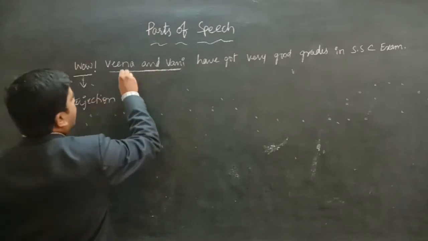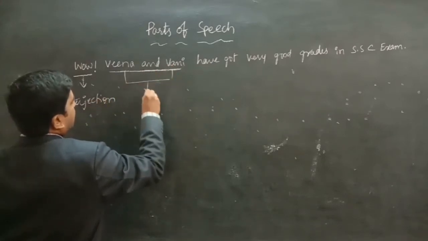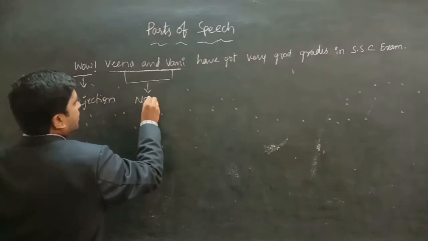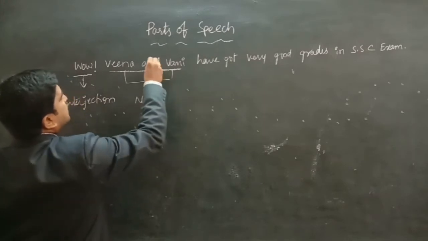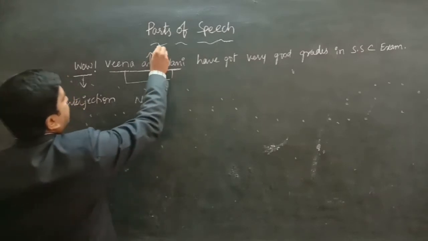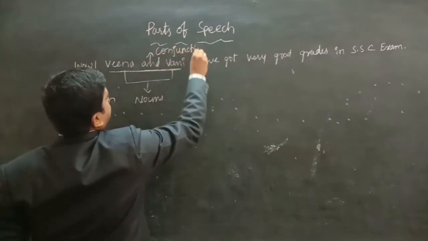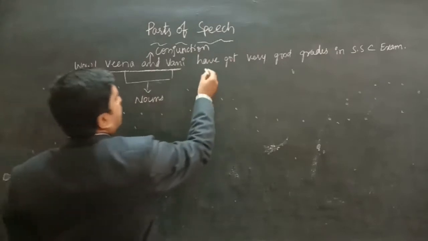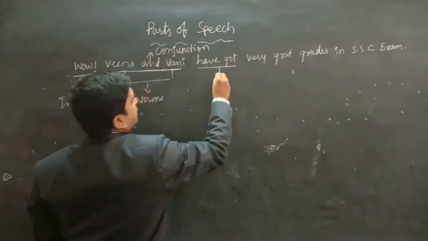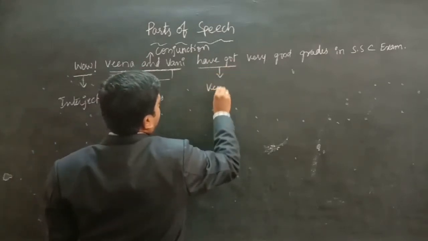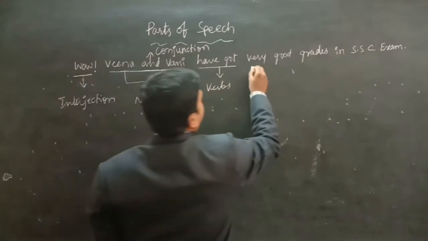And here Veena and Vani, both are nouns. Here and is a conjunction. Here have and got, both are verbs.